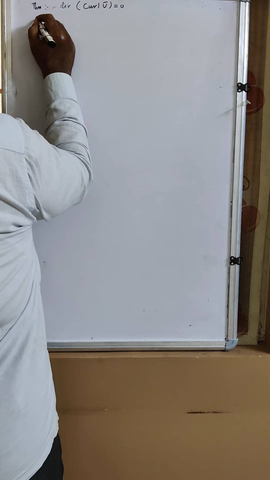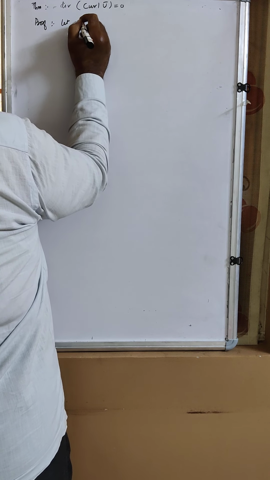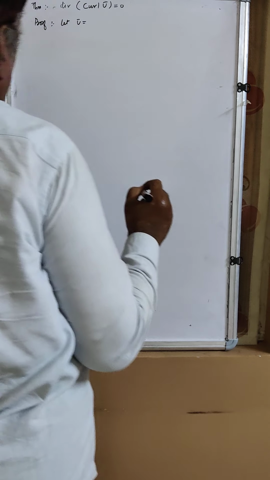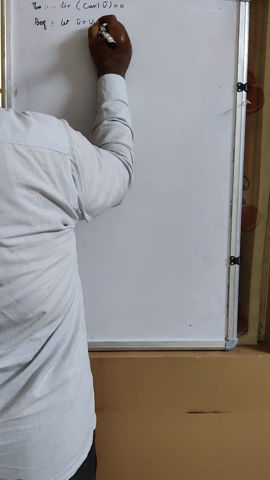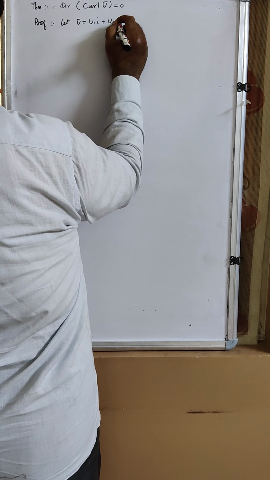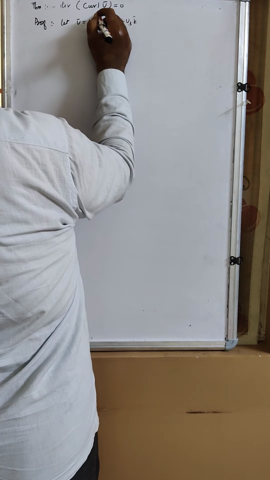Proof of this theorem: let U vector is equal to U1 i vector, U2 j vector, U3 k vector.